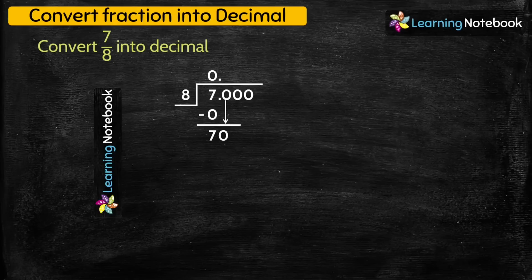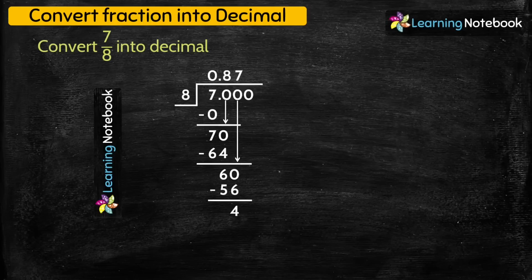So now we will divide 70 by 8. 8 into 8 equals 64 and 70 minus 64 equals 6. Let's copy next 0 and now we will divide 60 by 8. 8 into 7 equals 56 and 60 minus 56 equals 4.